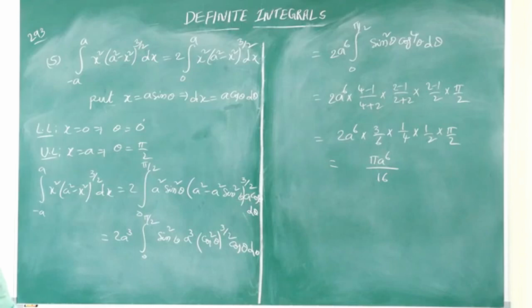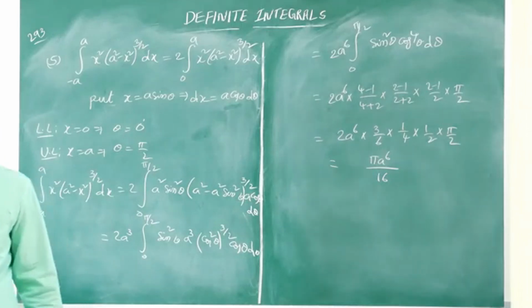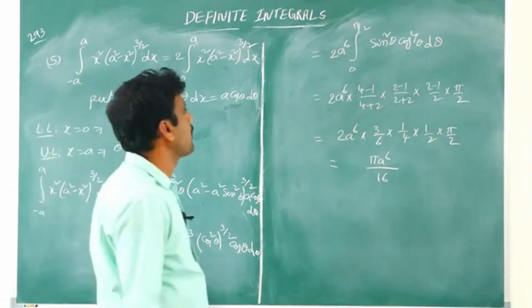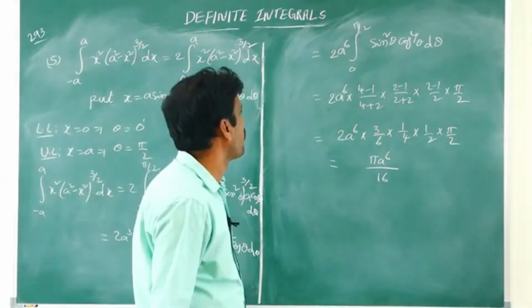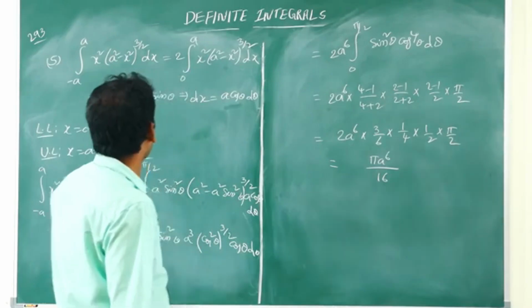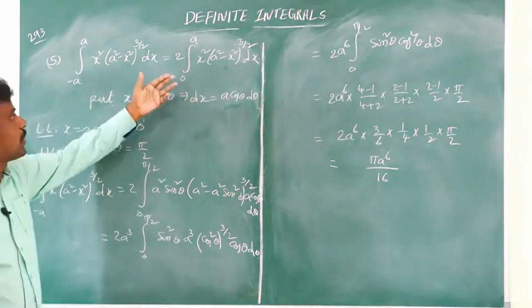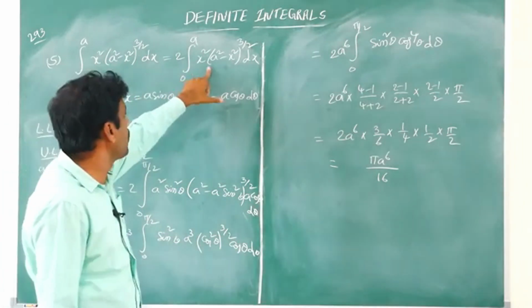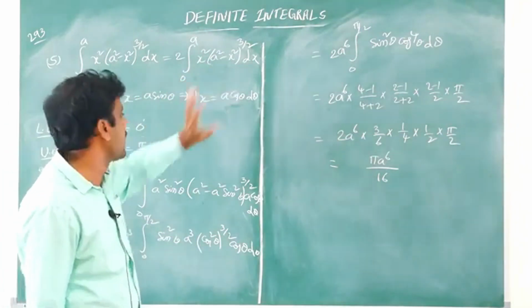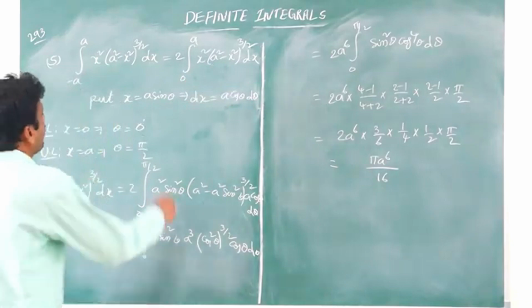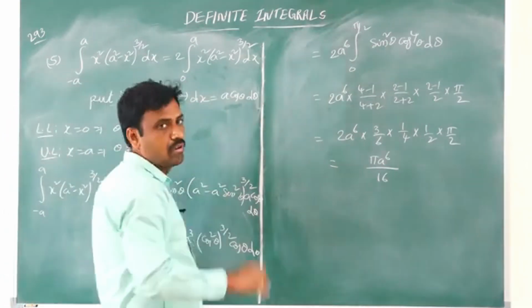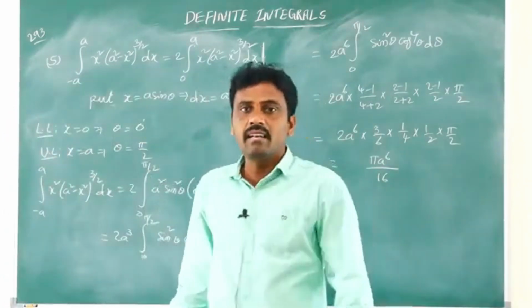That is integral minus a to a x square into (a square minus x square) power 3 by 2. Here x square is an even function, therefore 2 into integral 0 to a f of x dx. Put x equal to a sin theta, that is dx equal to a cos theta d theta.